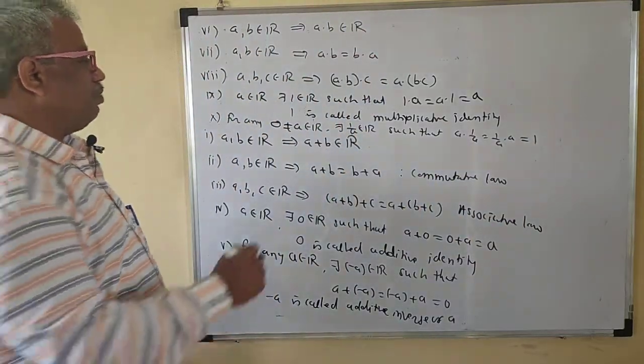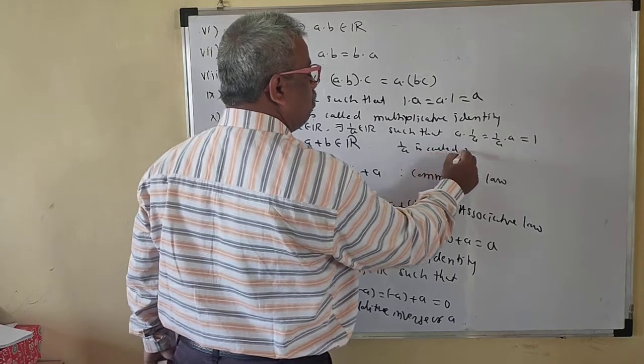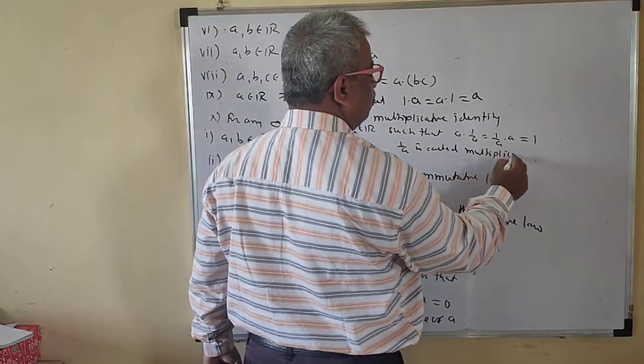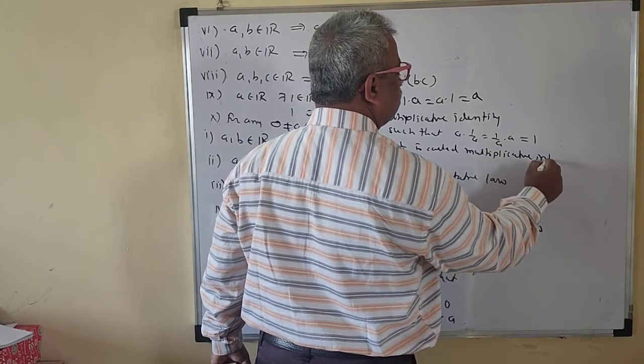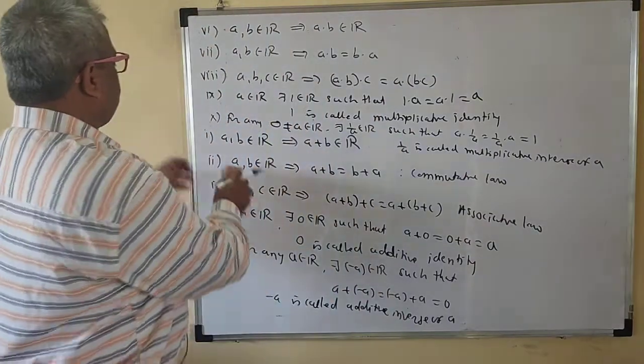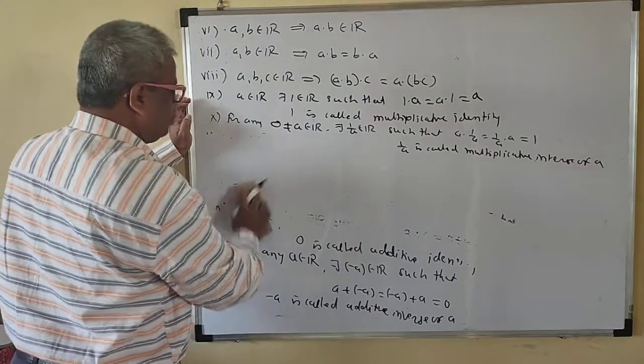Right? Then 1 by a is called the multiplicative inverse of a.